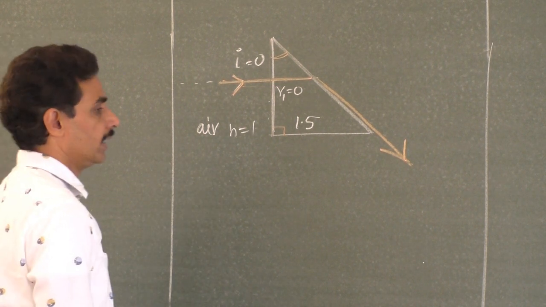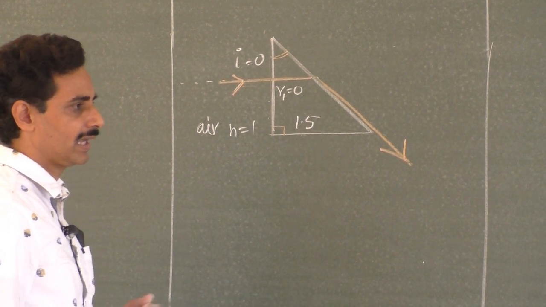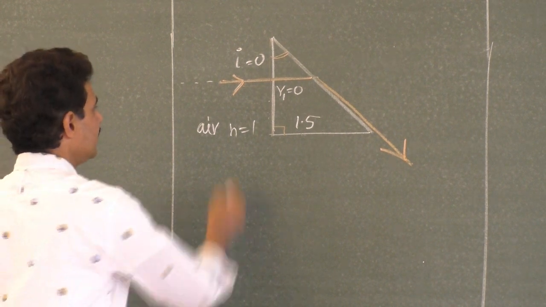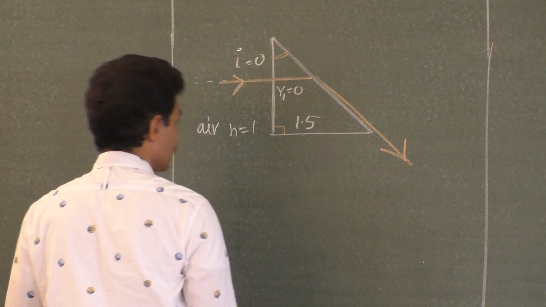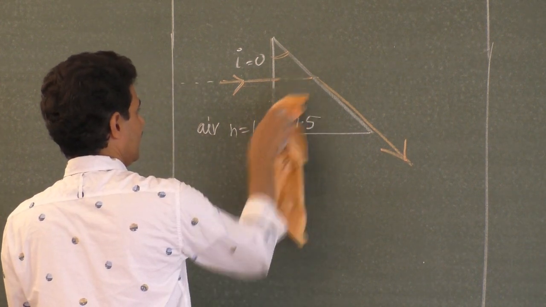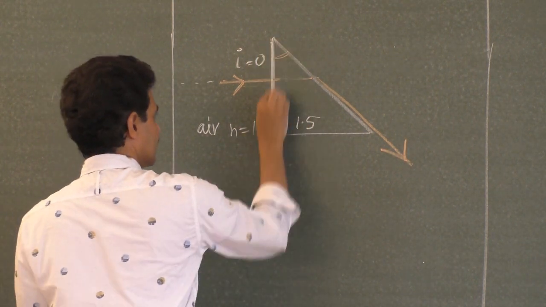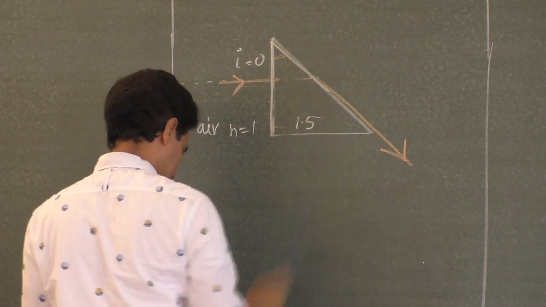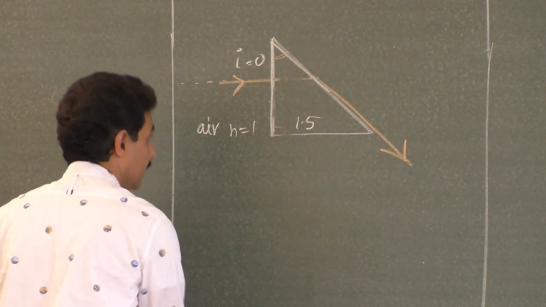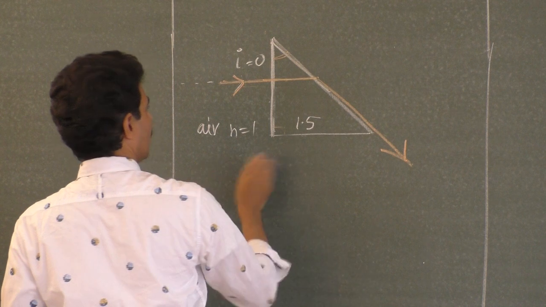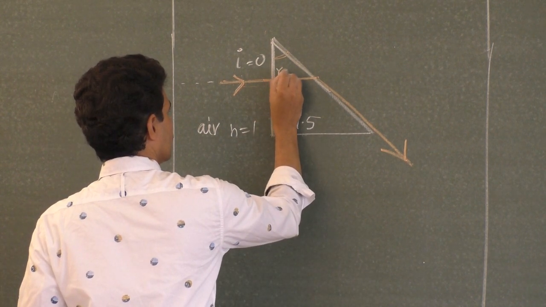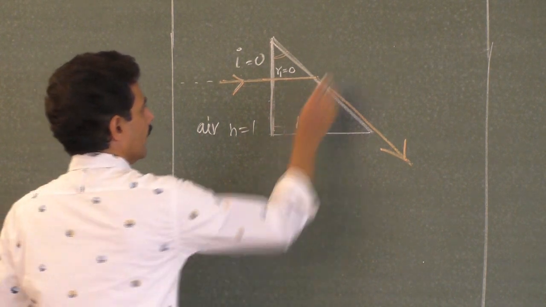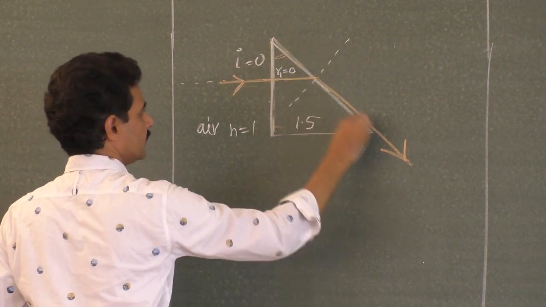So we are given so many values, but not directly, it is hidden in the problem. Incident normally, i is 0, r1 is 0, what is r2? So I will write r1 somewhere else, so that I can write some other thing also here. This is incident normally, so r1 equal to 0. Now I will imagine a normal here, normal to this surface.